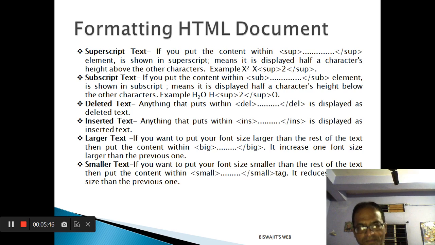Similarly, subscript and superscript. When we write something like x square, we all know that the 2 comes a little up, so that is termed as superscript. If you can see in the example, x square, the 2 will go up when we write like this.